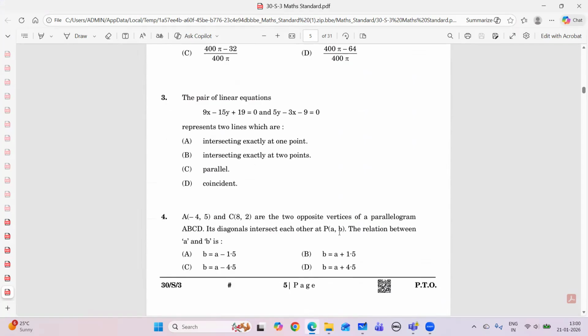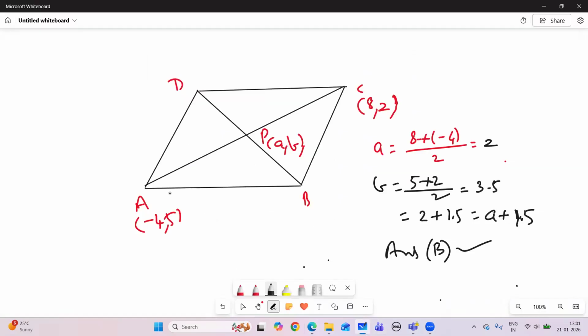If the diagonals intersect each other at P(a, b), then the relationship between a and b is... We are given that ABCD is a parallelogram. We have to take the vertices either in the anti-clockwise direction or in the clockwise direction. You may take ABCD this way also.